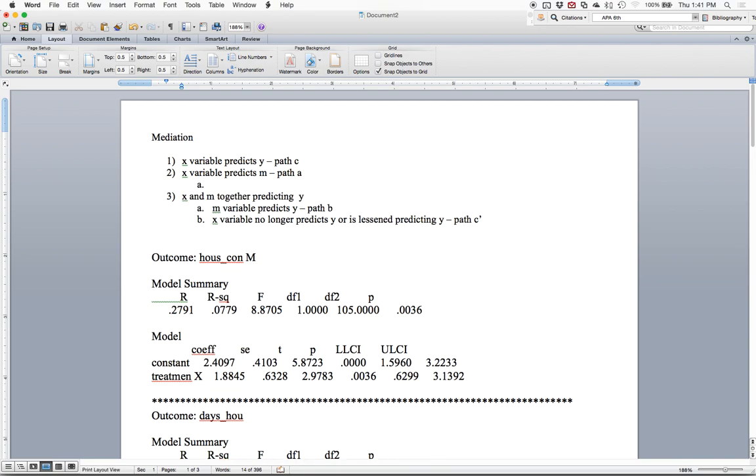So the first thing I'm saying is that path A is significant. Okay, so I could report F(1, 5) is 8.87.